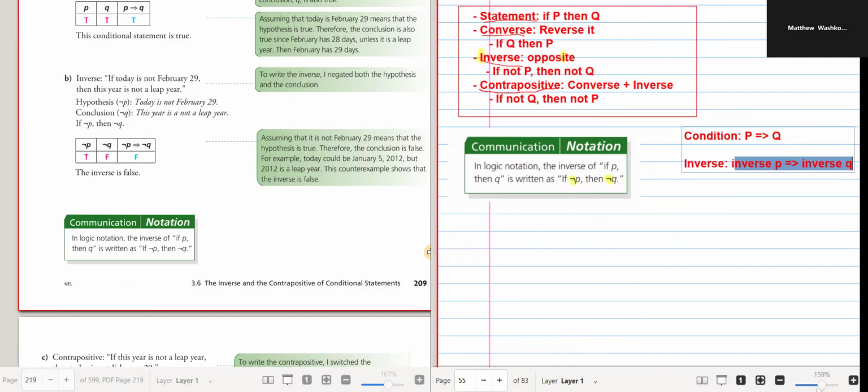Mathematicians are lazy as hell. So we use, and I don't even know the keyboard key for it, we use this. The inverse of P leads to the inverse of Q. Okay?